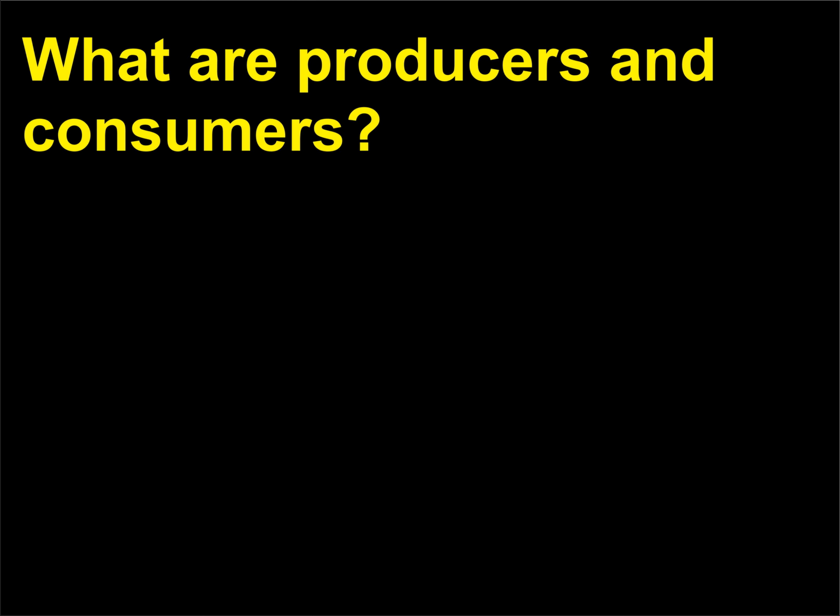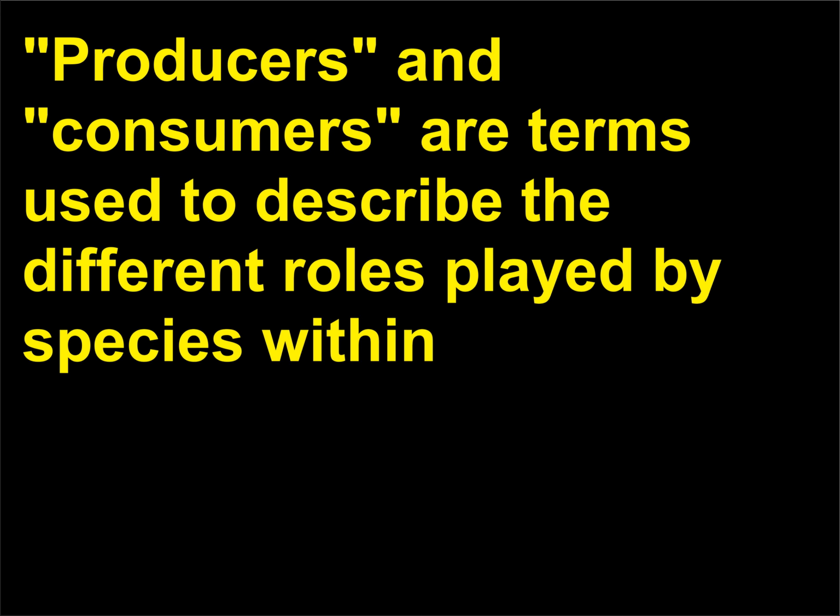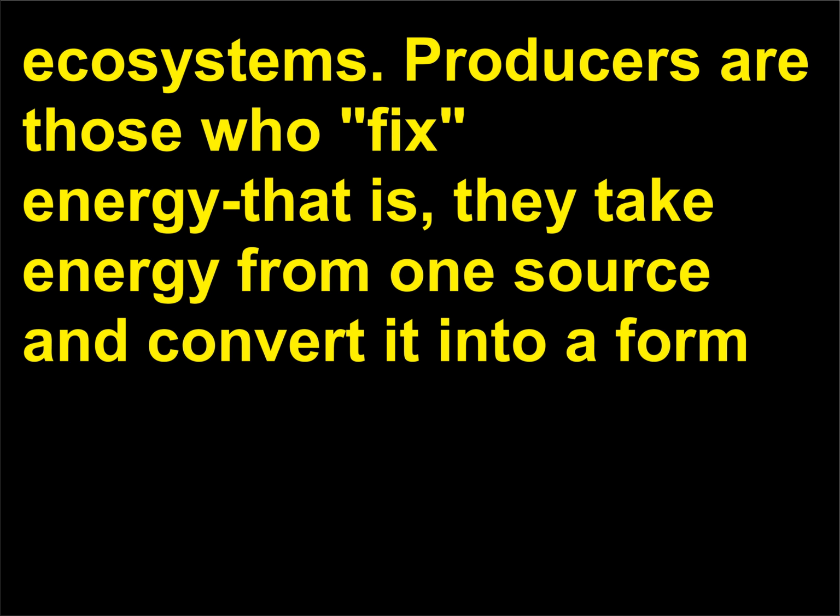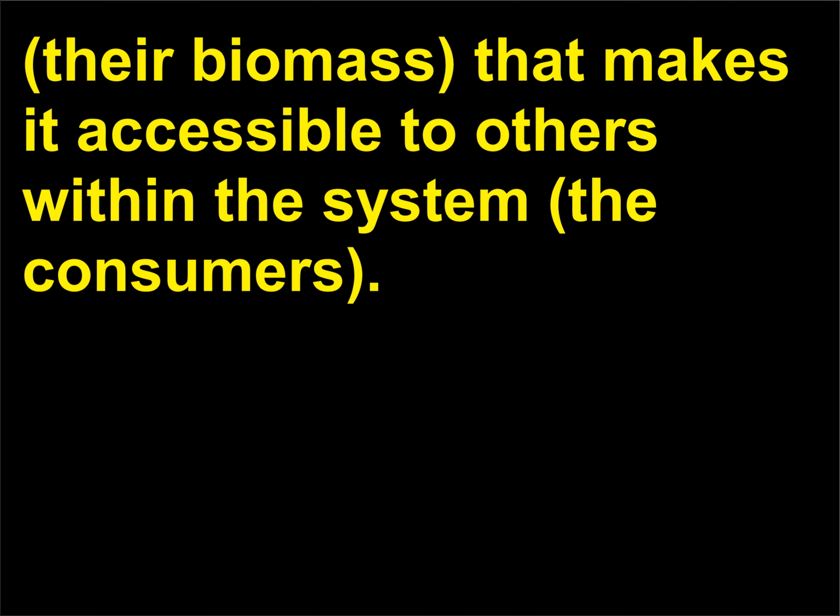What are producers and consumers? Producers and consumers are terms used to describe the different roles played by species within ecosystems. Producers are those who fix energy, that is, they take energy from one source and convert it into a form, their biomass, that makes it accessible to others within the system, the consumers.